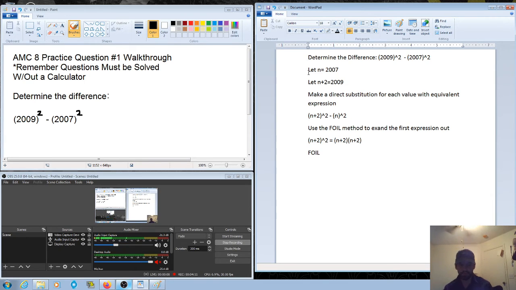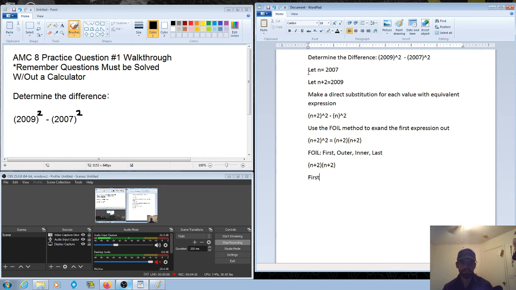So we have FOIL: first, outer, inner, last. This represents each step of the specific terms that we're going to be multiplying in each phase. So we have n plus 2, n plus 2.